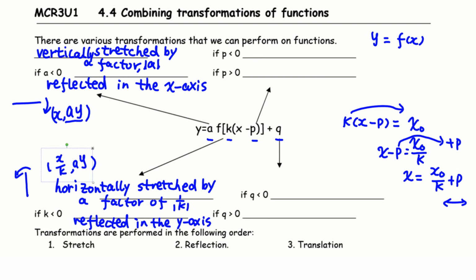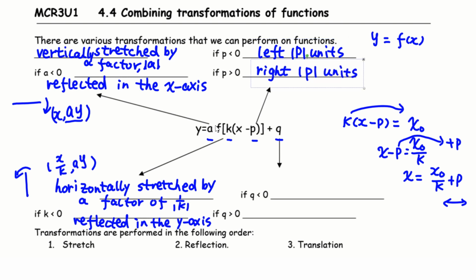If p is less than 0, it moves left p units, and we use the absolute value sign again, a positive number only. If p is greater than 0, then the whole graph moves to the right p units.